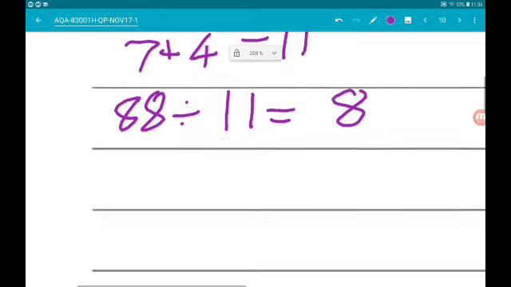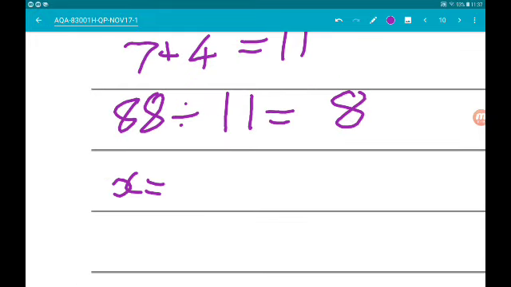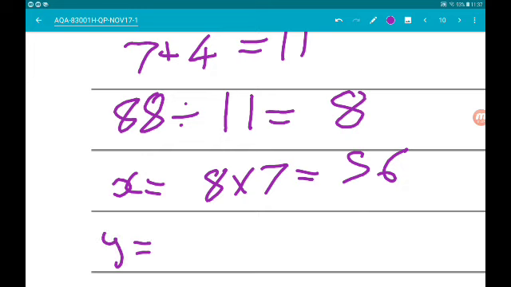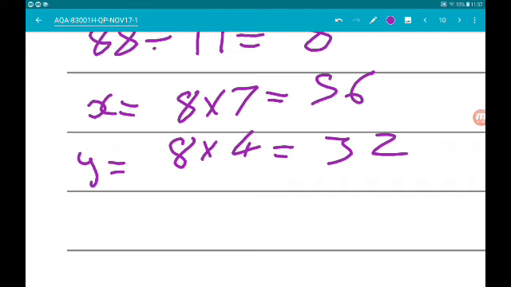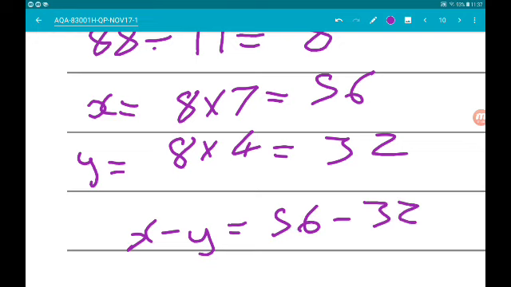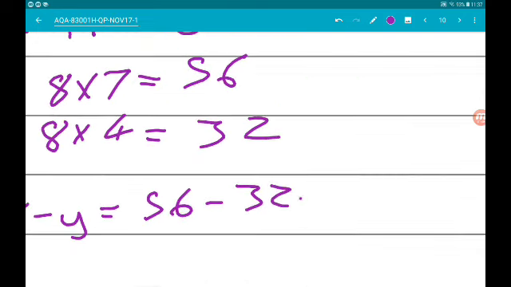So x is 8 times 7, which is 56. y is 8 times 4, which is 32. So now we can work out x minus y: 56 minus 32, which gives us 24.